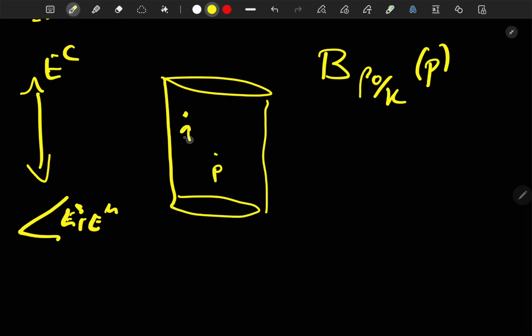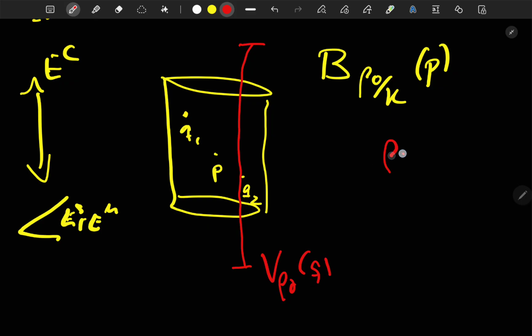If you take any two points, Q1, Q2, and then take the center disk over Q2, with radius rho 0. Recall that k is bigger than 1, so rho 0 is way bigger than rho 0 over k.